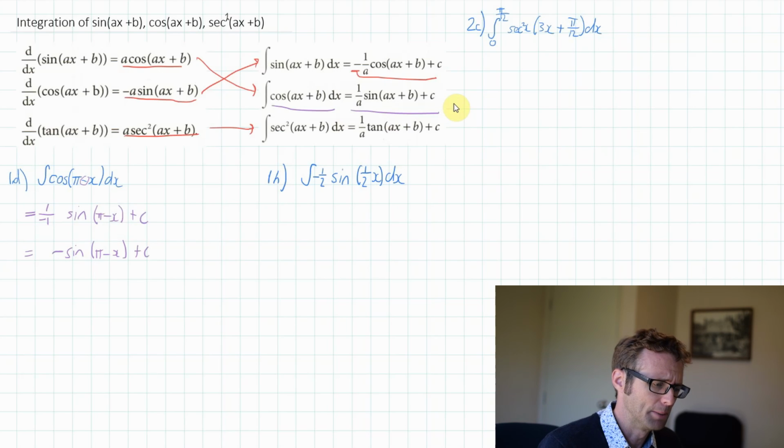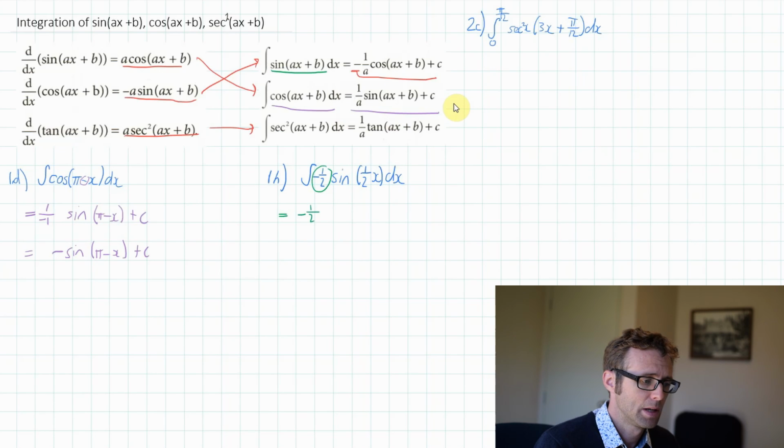Let's move on to the second one. We're integrating minus half sine half x. What does this equal? Well, you note we've got a coefficient here, so I'm going to go minus 1/2 times. Now I'm going to start my integration of sine half x. The a in this case is this half, so I'm going to put 1 over it.